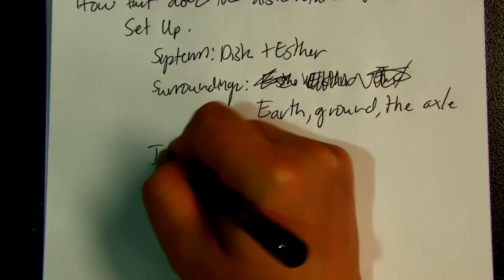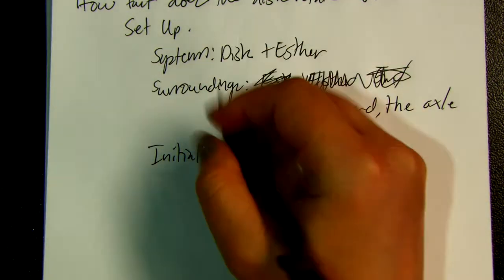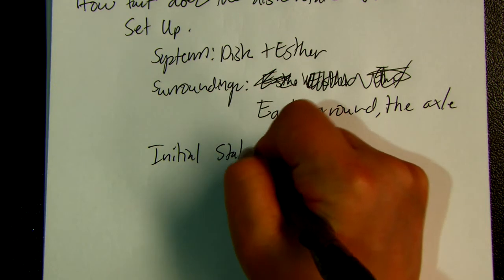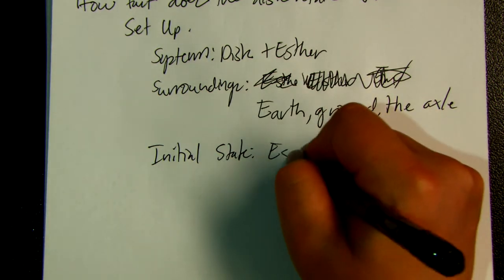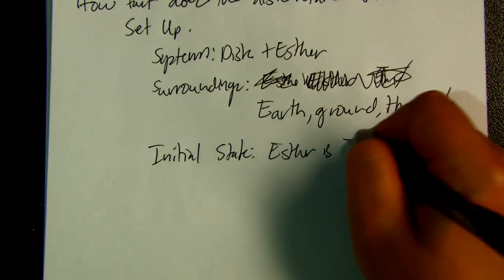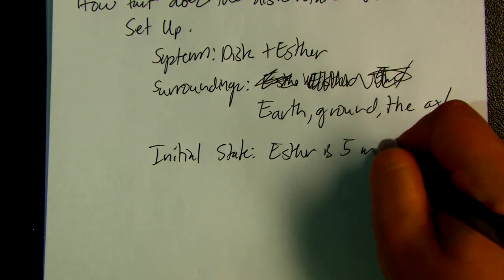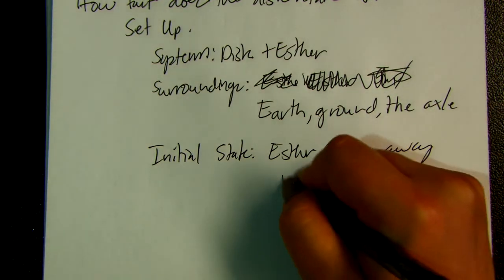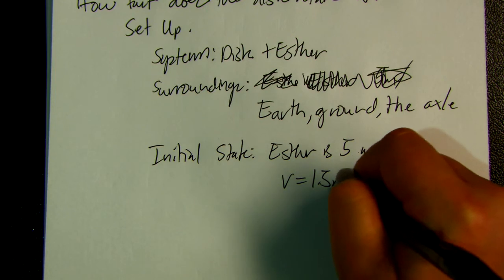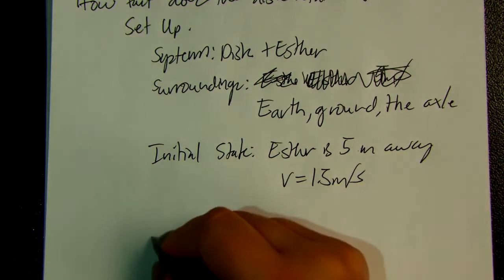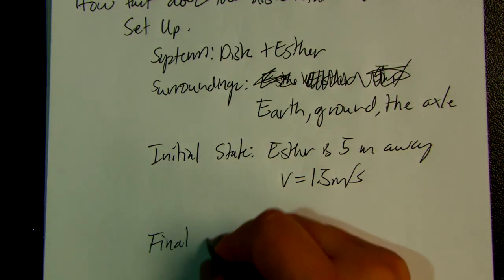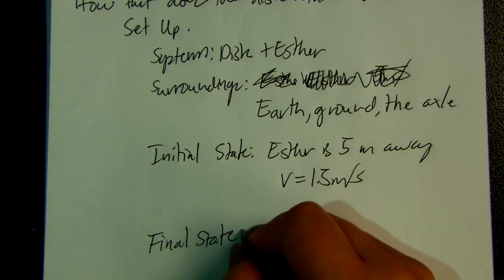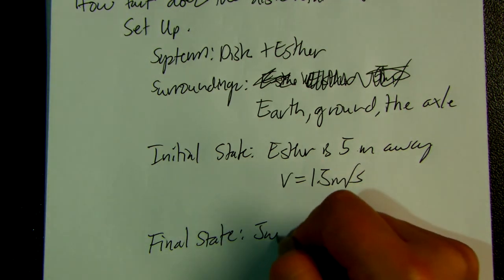All right, so the initial state, here we go. Esther is 5 meters away, and her velocity is 1.5 meters per second. And the final state, just after collision.